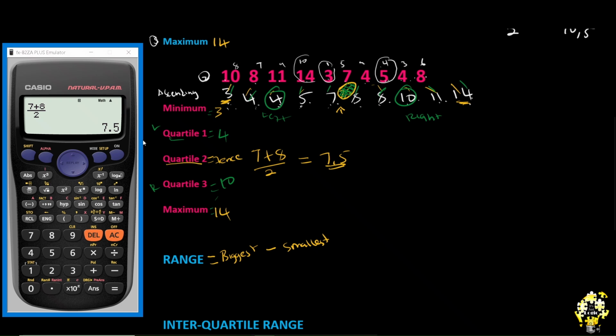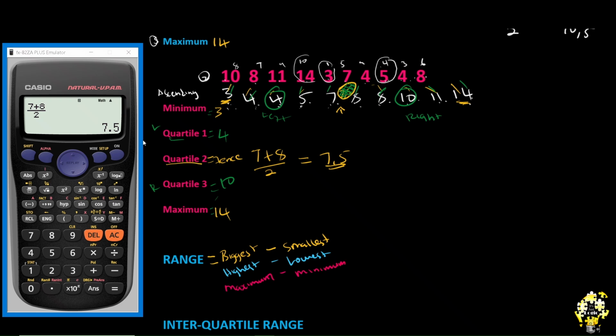Let's use a different one. We can say that range is equals to the highest value minus the lowest value. Again, let's use a different one. We can say that range is the maximum value minus the minimum value.